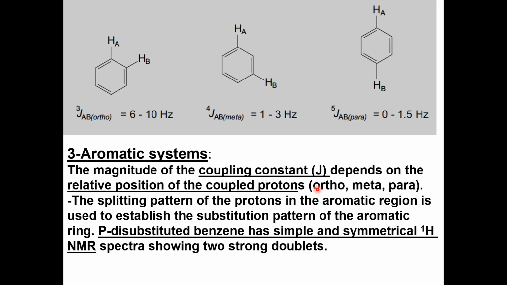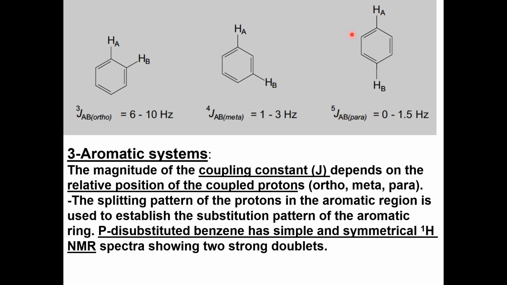Long-range coupling is also observed in the case of aromatic compounds. You can observe, for example, in benzene type structures, ortho, meta, and para coupling. In ortho coupling, we have vicinal coupling, 3 bond coupling, and in meta oriented protons, we have meta coupling or J4 coupling.